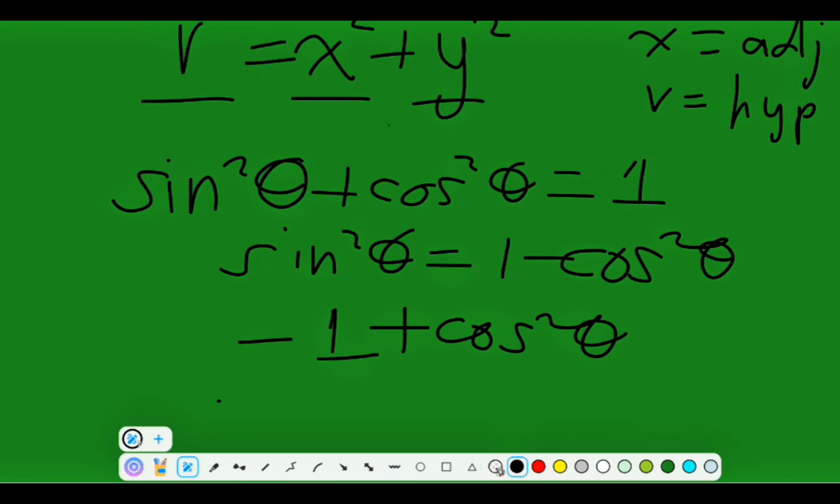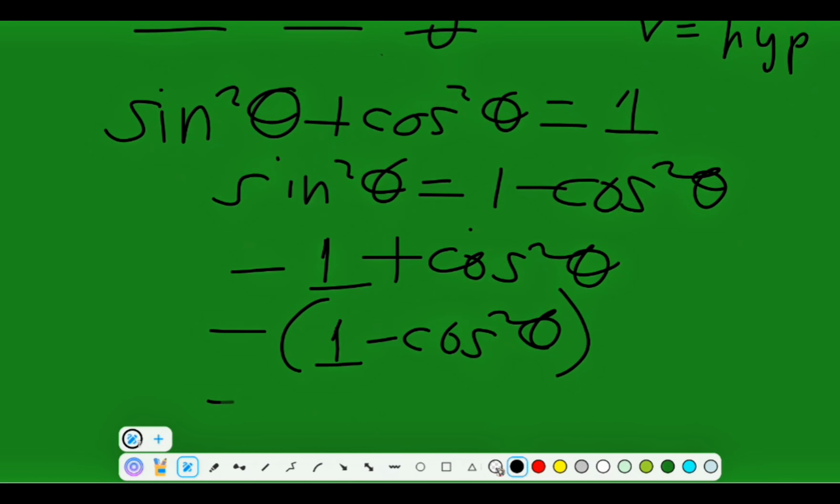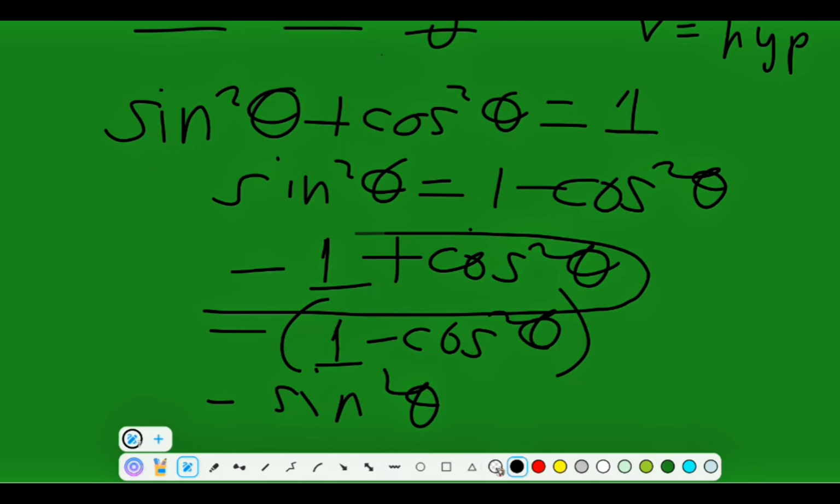You can take out a common factor of -1, and what will remain in there will be 1 minus cos squared theta. 1 minus cos squared theta is equal to sin squared theta, so it will be equal to -sin squared theta. Whenever you see -1 plus cos squared theta, just remember that it is equal to -sin squared theta.